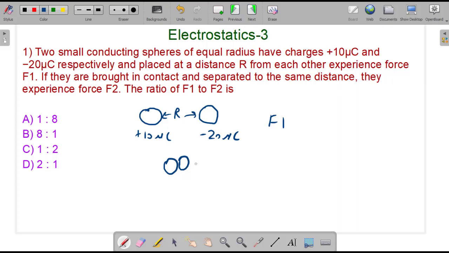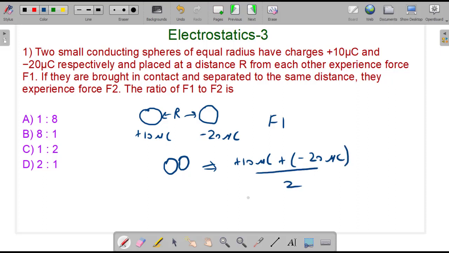So equal charges will be there on both the spheres when they come in contact. Now what is the amount of charge? It is given by the formula: plus 10 microcoulomb plus minus 20 microcoulomb upon 2.